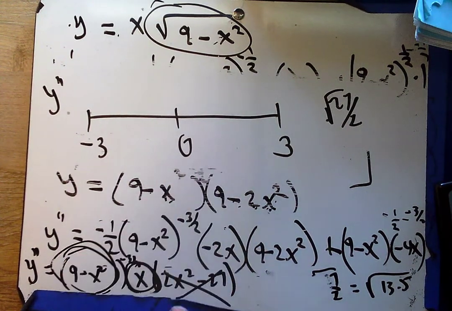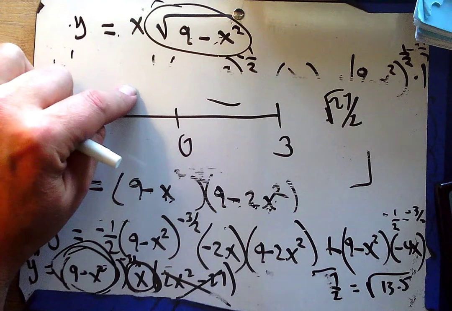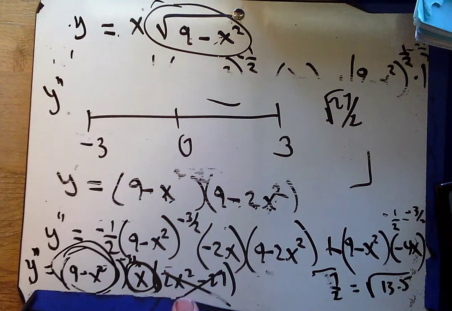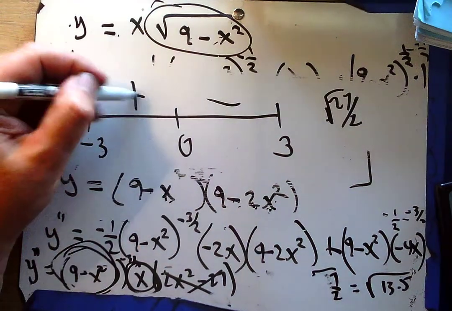If I plug a 1 in, this is going to be negative. That's going to be 1, positive. And that's going to be positive. Positive times negative, I get negative. If I plug in a negative 1 over here, this is still positive. This is positive, but that's still negative. And now this is negative. Negative times positive is positive.